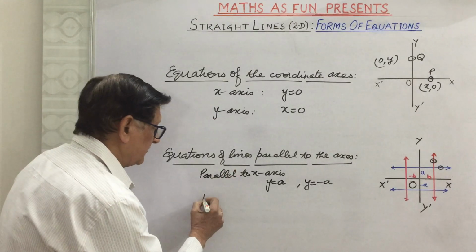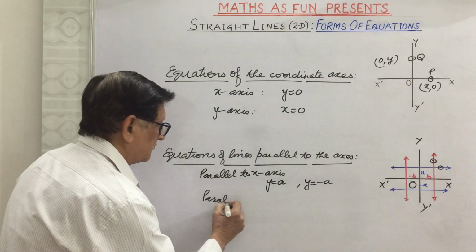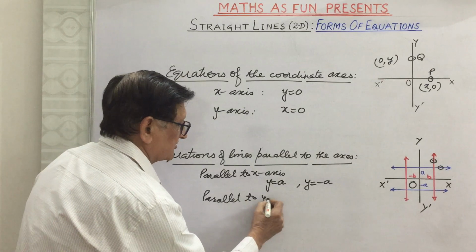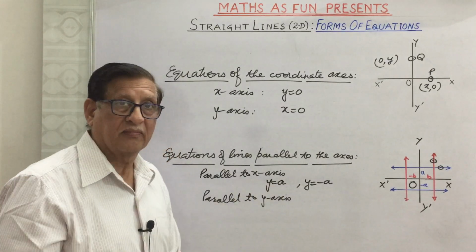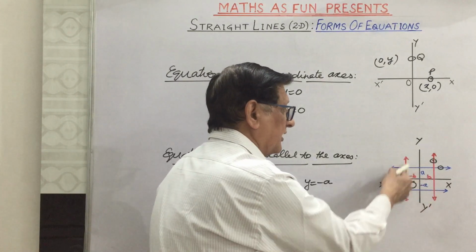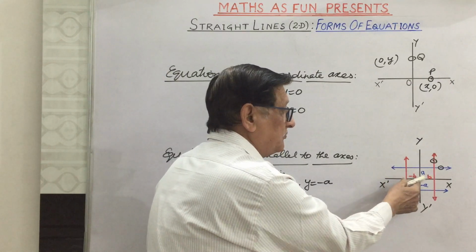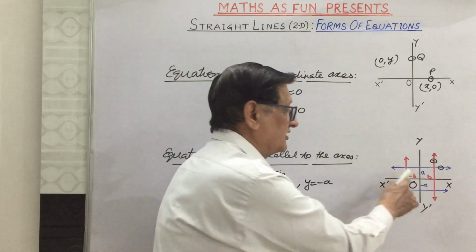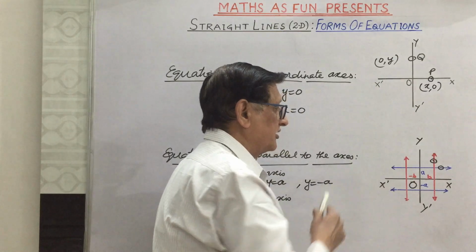Similarly, if we have the line parallel to y-axis, we have here two lines which are parallel to y-axis at distance b from the origin. One is on the positive side, another on the negative side.